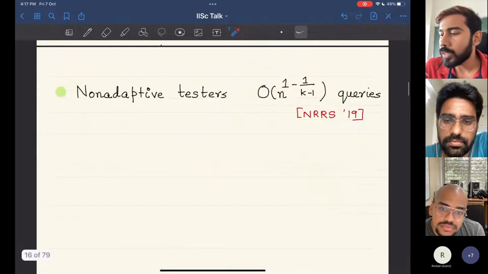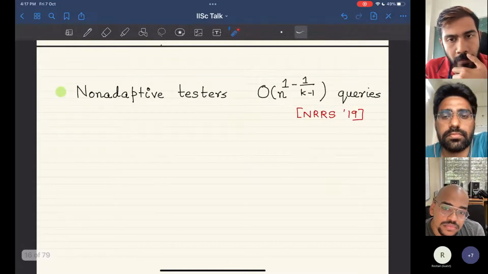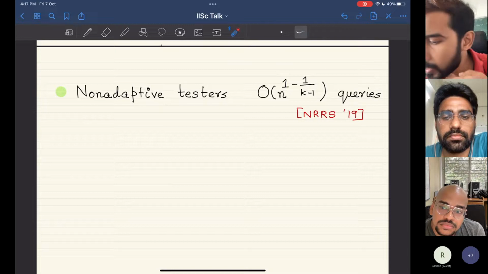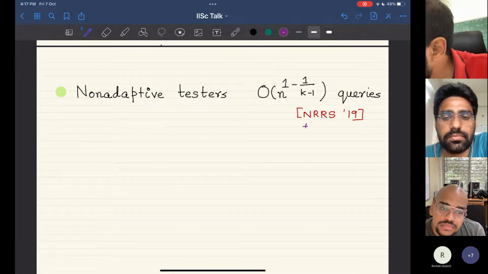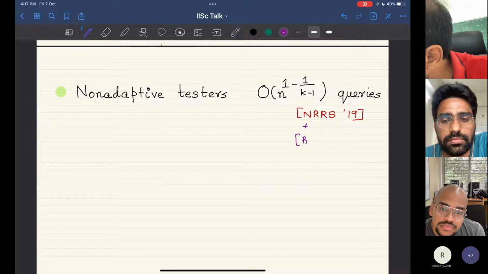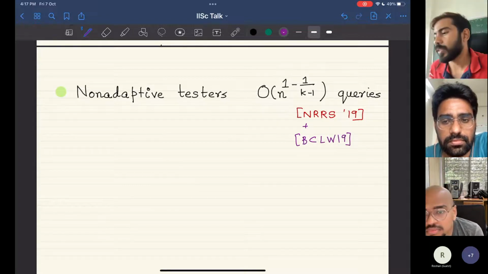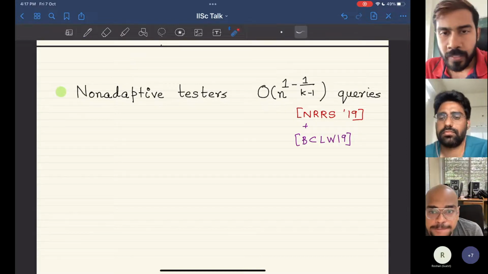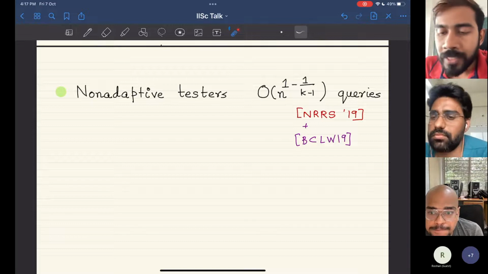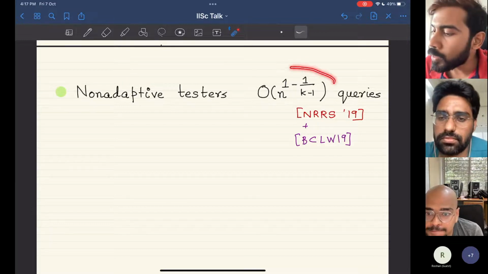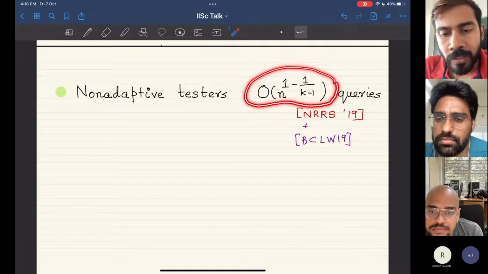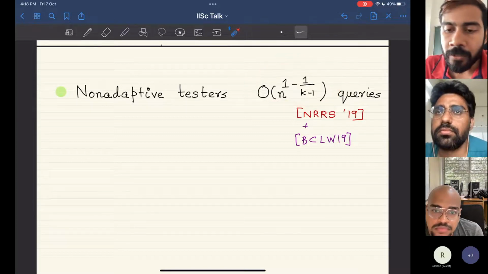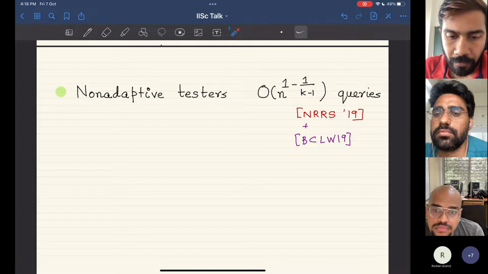So for non-adaptive testers, Newman et al. plus BCLW19 jointly, in a sequence of works, have proven a nearly linear bound for testing pattern freeness of patterns of length k when the tester is non-adaptive.